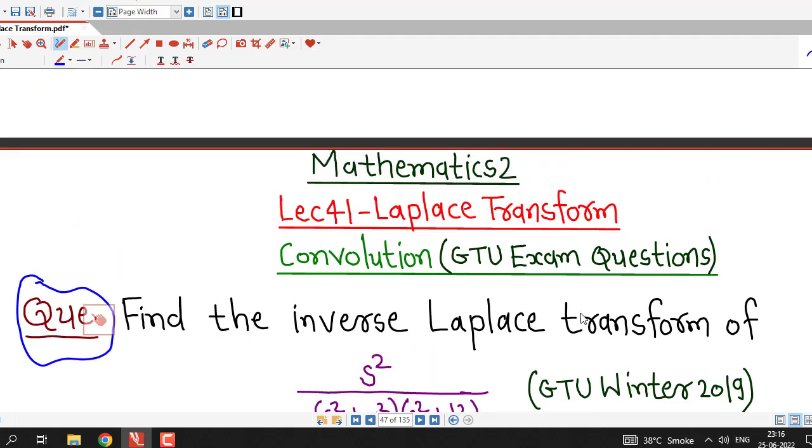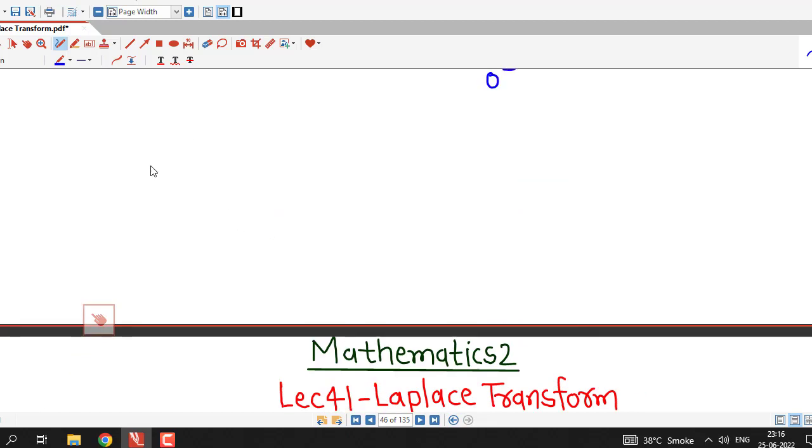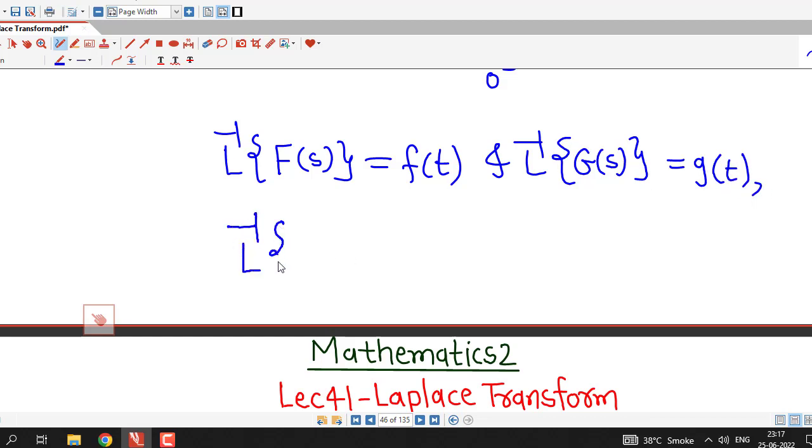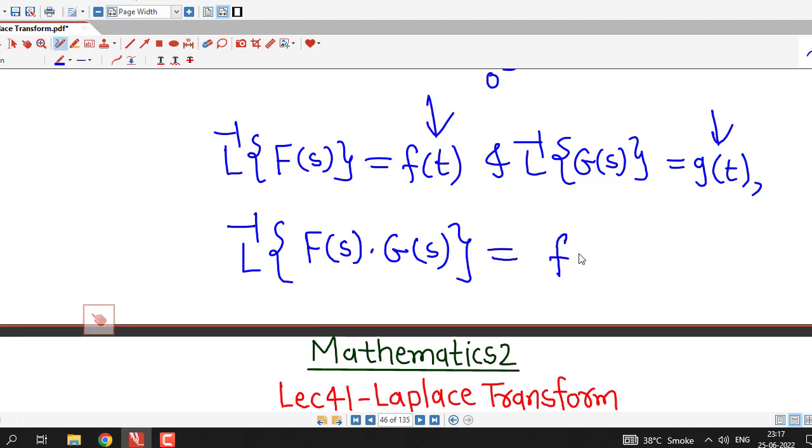using convolution theorem. We have discussed the convolution theorem for inverse Laplace transform, and we know that if inverse Laplace transform of capital F is small f and inverse Laplace transform of capital G is small g, then inverse Laplace transform of the product of capital F and capital G is given by the convolution of small f and small g.